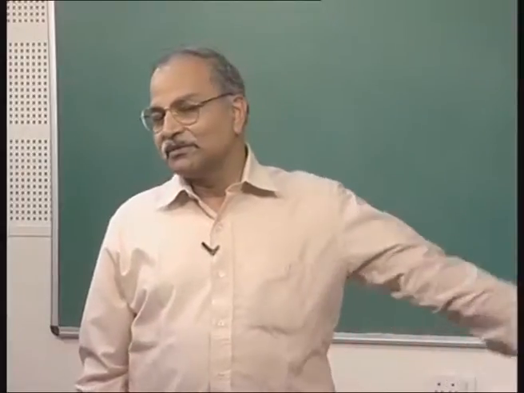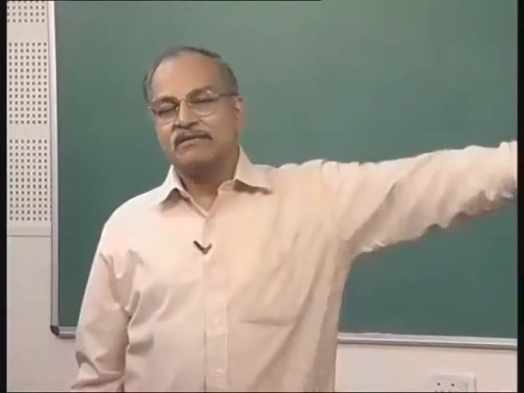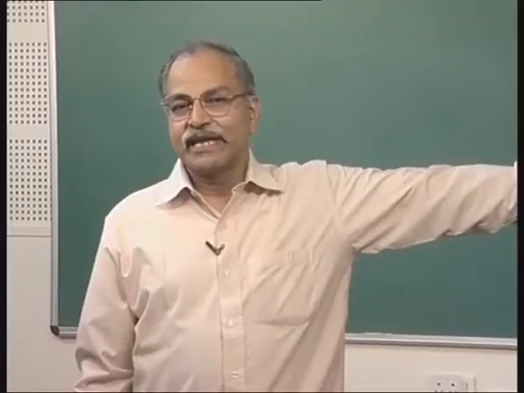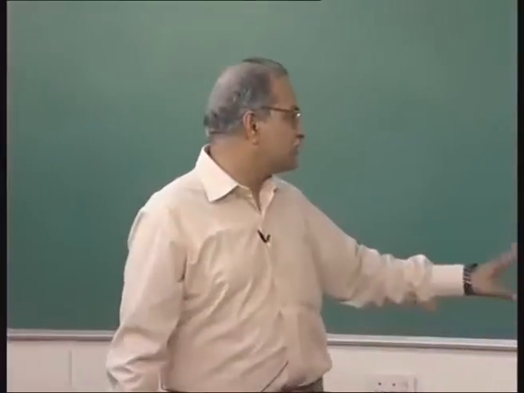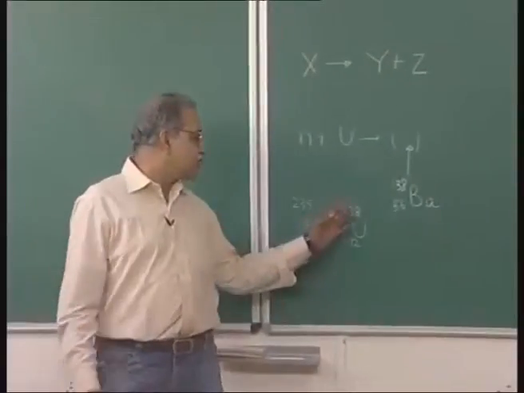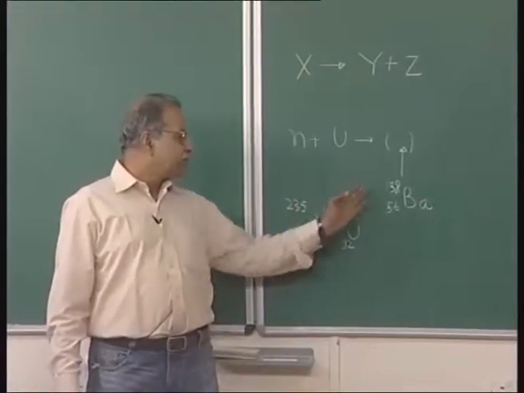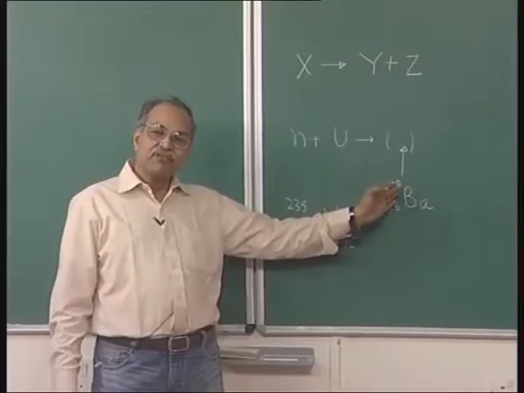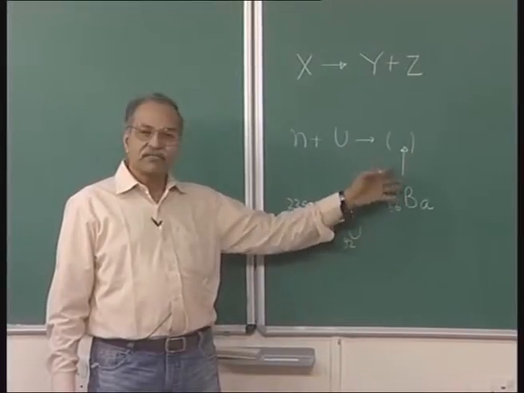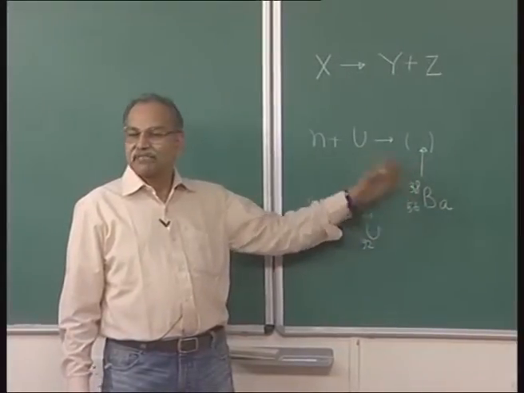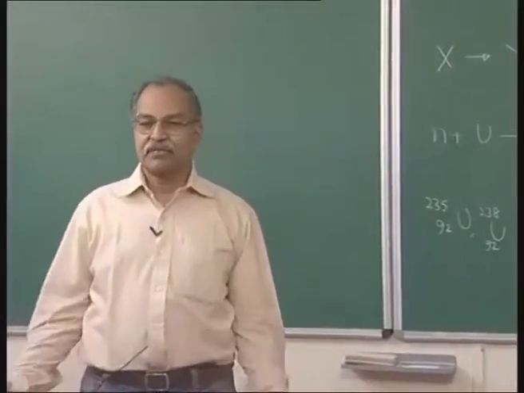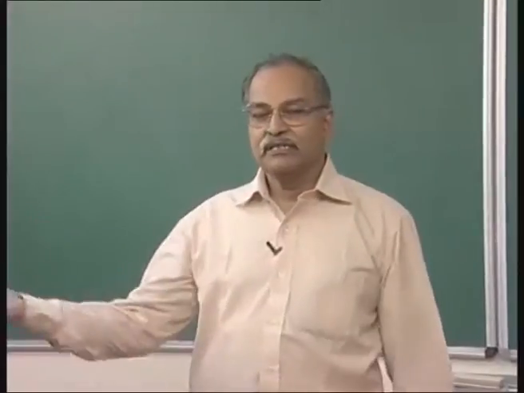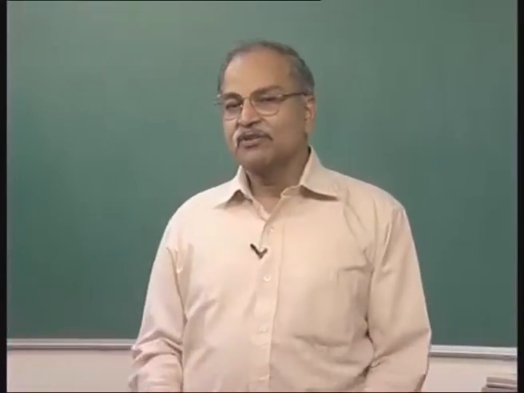And then they found many other elements in this irradiated uranium. So, that means from this 238 or 235 you are getting these medium weight nuclei of something like 130, 140 type of mass. So, that was the starting of nuclear fission experiments.